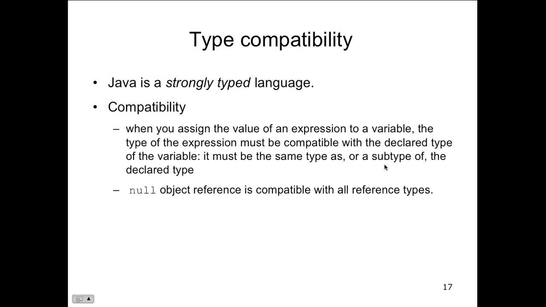That's where we get differences. So the type is compatible with all of the types that are inside of the existing type. So that's how we can take objects and treat them in terms of their hierarchy and in terms of what they contain. The null object reference is compatible with all reference types. Everything comes down to null, if you can assign the object type to null.